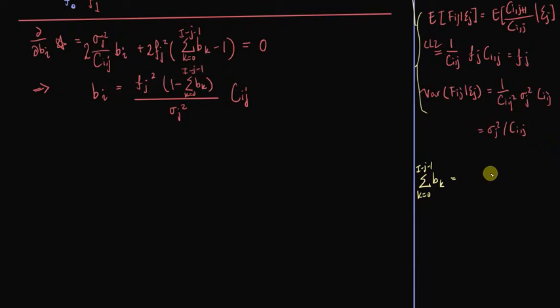So we will be taking the sum over fj squared divided by sigma j squared multiplied by 1 minus the sum over bk for k ranging from 0 to I minus j minus 1, right?